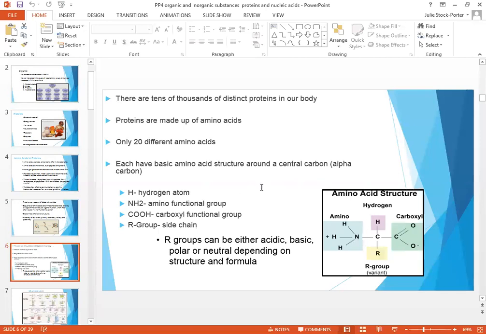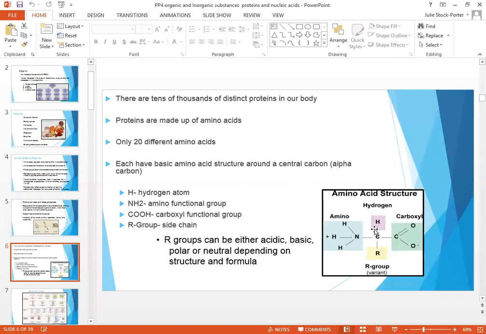Each has a basic amino acid structure around the central carbon. It's called the alpha carbon. If you look over here at the amino acid structure, this is the basic structure right here, and you're always going to see it. Every one of those 20 amino acids has this structure. We have an amine group to the left.